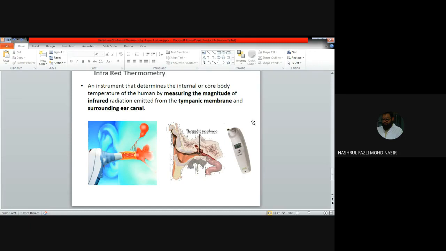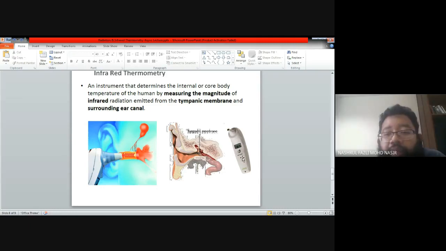This one is a bit contactless too, but it is more accurate. Sometimes when you went to the clinic, the doctors put it in your ears, and then you get the temperature.